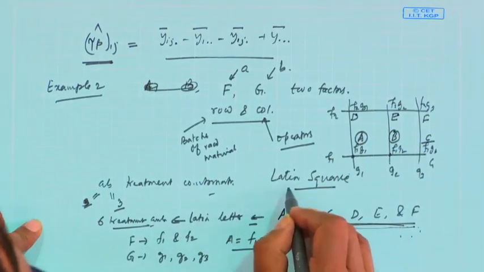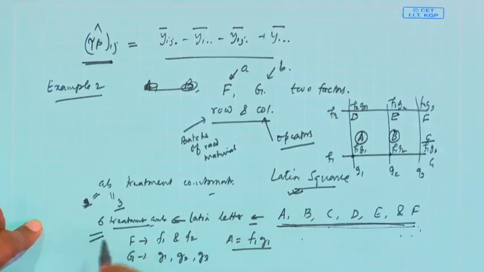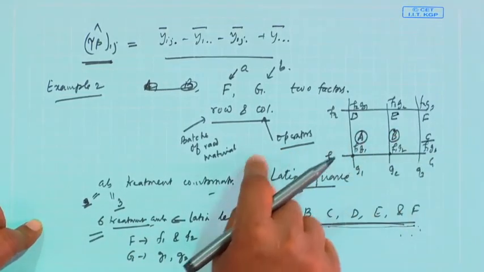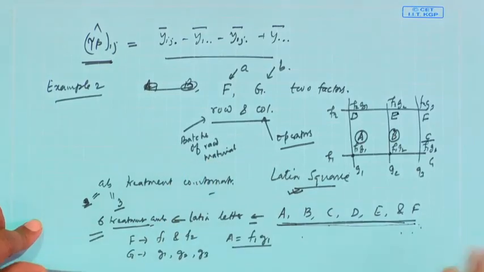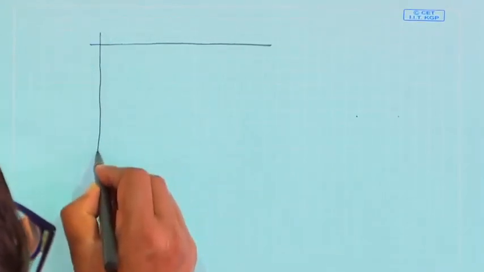So, if we want to use Latin square, we require 6 rows and 6 columns. So, we require 6 batches of raw material and 6 batches of 6 operators. So, yours will be 6 by 6.